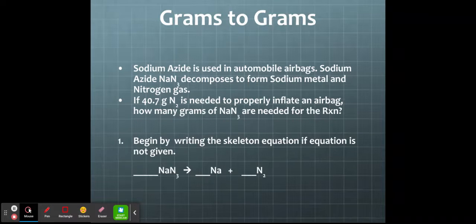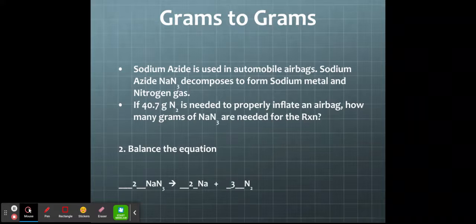In this case, it's a decomposition reaction where sodium azide breaks down to form sodium metal plus nitrogen gas. And remember, nitrogen is diatomic, so there's a 2 after it. After this, you must balance the equation. You can see there are 6 nitrogen atoms on the left, 6 nitrogen atoms on the right, 2 sodium atoms on the left, 2 sodium atoms on the right.